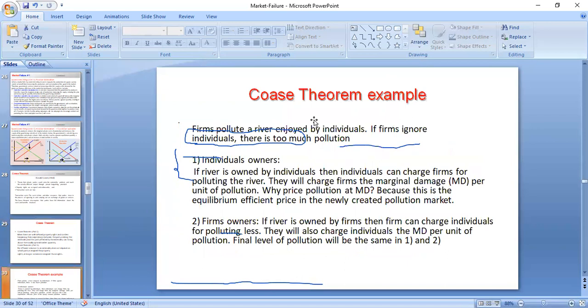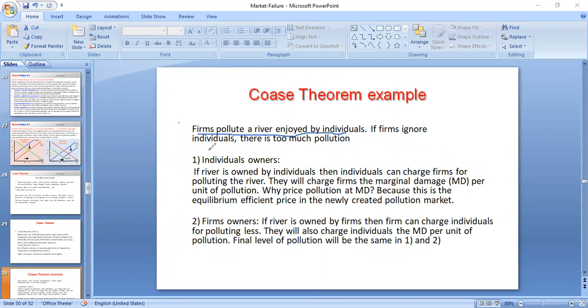He gave an example of a scenario where we are experiencing a negative externality of production, where a farm is polluting into the river, emitting its sewerage into the river, but there are individuals fishing from that river.